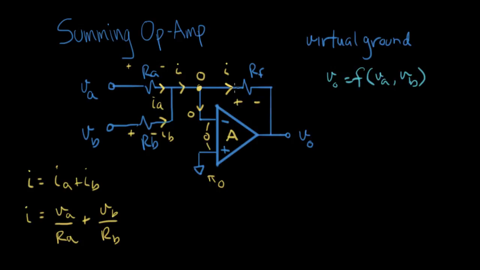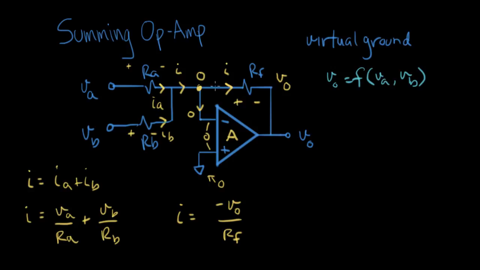This is 0 volts on this node here, and on this side it's V out. So the current there equals 0 minus V out, so minus V out divided by RF. That's Ohm's law for this resistor right here.